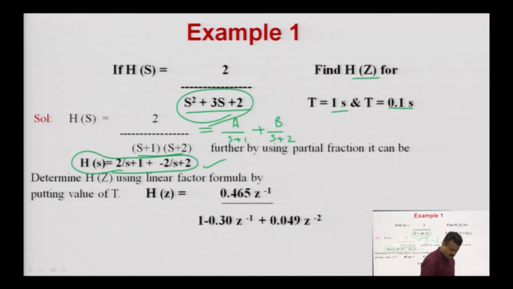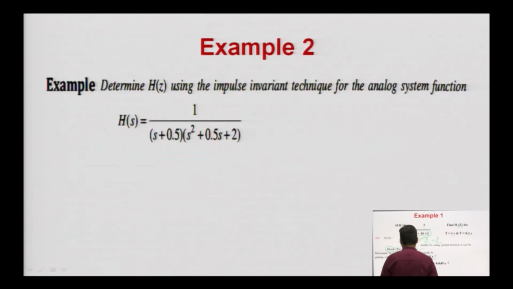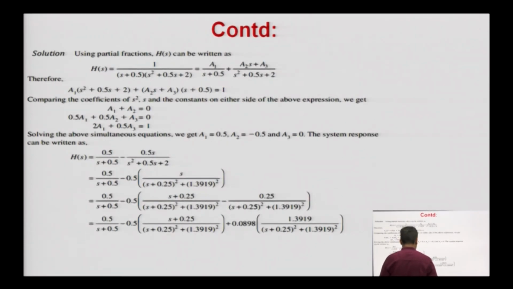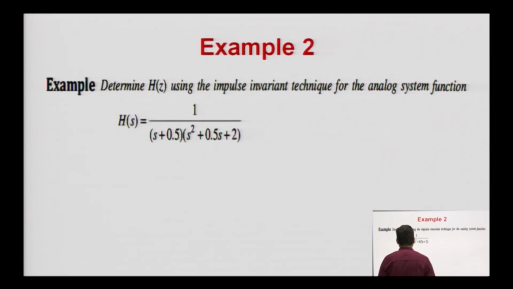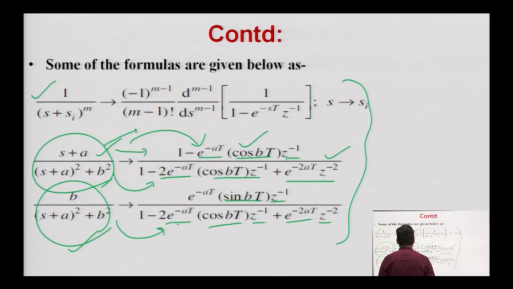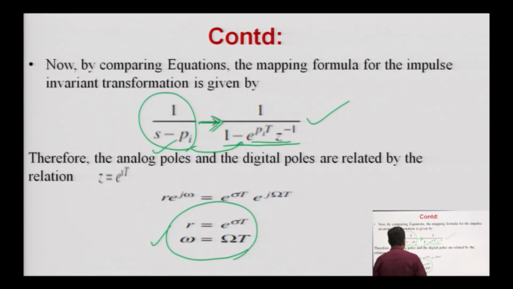What formula? I just told you about it, this formula. 1 upon s minus p_i is converted into 1 upon 1 minus e to the power p_i T z to the power minus 1.